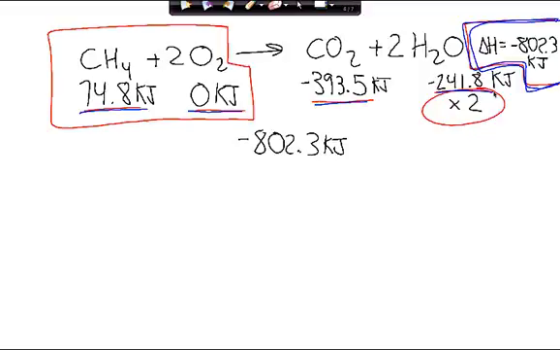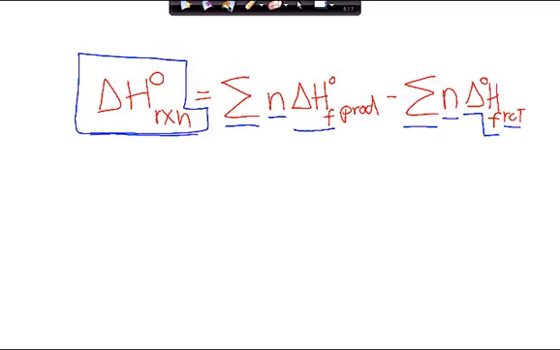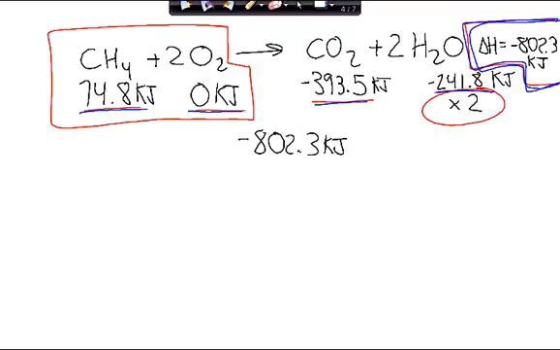Why? Because the reactants are breaking apart. That's what this negative sign does. That's why we subtract the reactants, because subtracting is the same as changing the sign, and we change the sign because they're not forming, they're breaking.